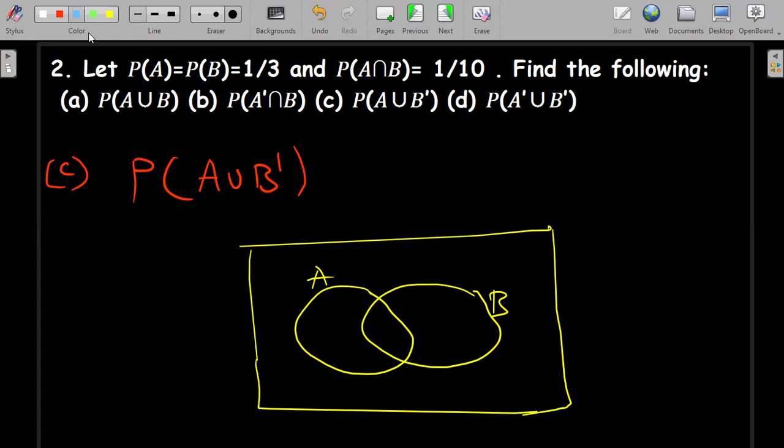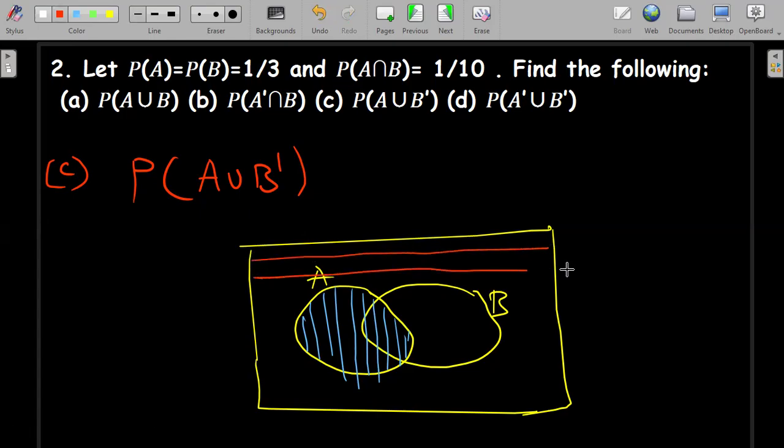So let me shade it. The set A is this one. And then the B complement is everywhere here outside. So we can shade with red lines like that, everything that is outside B, including this part.